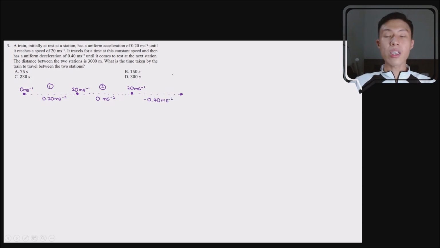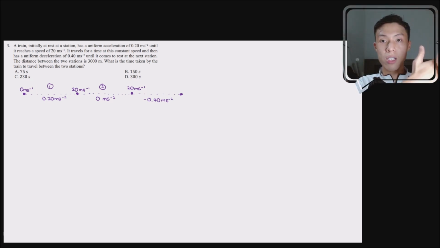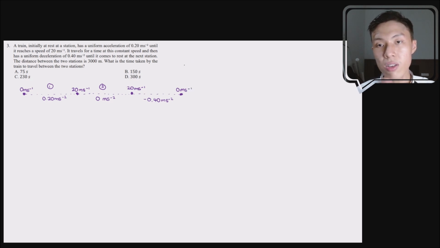We assume the motion to be in the positive direction, then because you want to slow it down, the acceleration should be in the opposite direction. Therefore, that's the negative direction, so you get a negative for your acceleration. And now you know that this object will come to a stop at the end, which is the next station. So the final speed should be 0 meter per second.